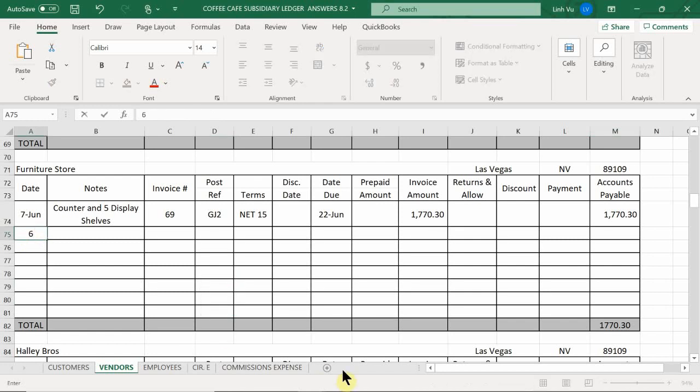We have the shelf and the counter, but they're two separate bills, so I'm going to put in that I received another bill. This time, this is for the desk set, invoice number 71, page 2.